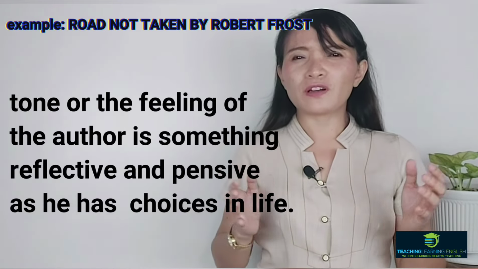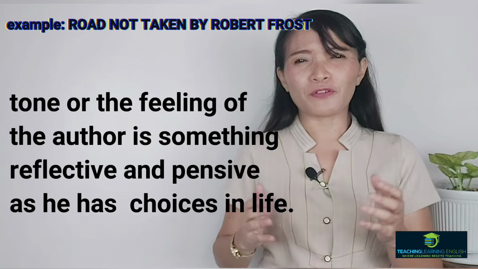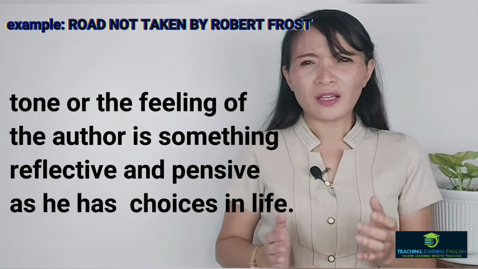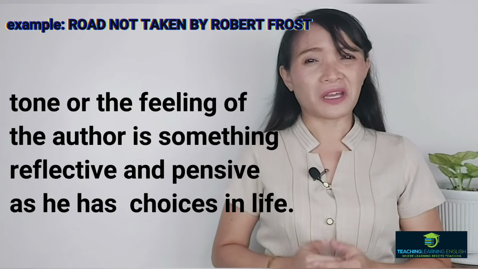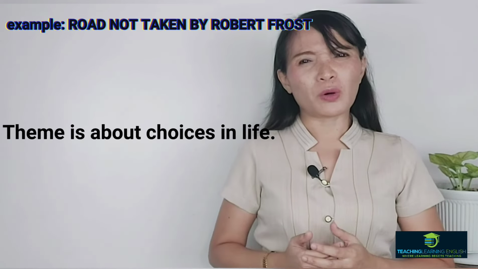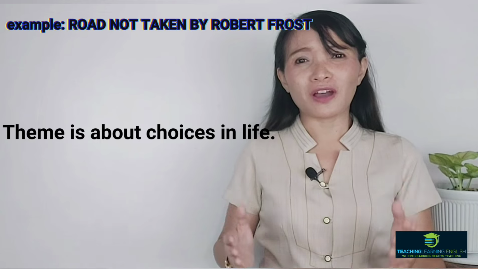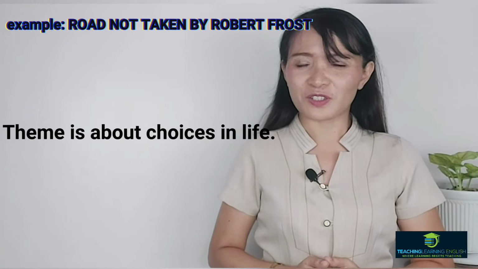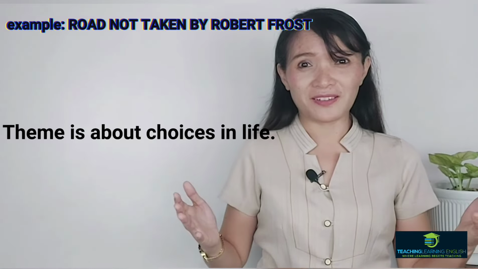The tone or the feeling of the author is something reflective and pensive as he has choices in life. It is quite a serious tone, I guess. The theme is about choices in life, that we need to make good decisions because our choices are products of our success. Do you agree?